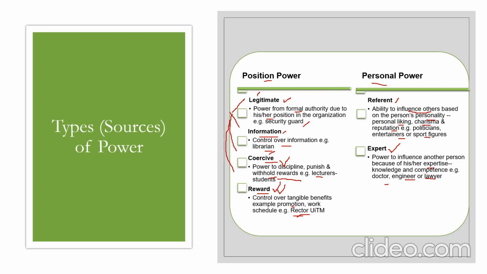So whatever said by a doctor to you, if you are ill, definitely you will listen. So the doctor is said to have an expert power. If you want to seek an advice about an illness, what kind of medications required, you go and see a doctor. So whatever advice and information or knowledge given by this doctor to you, you will listen and you will apply whatever given by the doctor. So the doctor has an expert knowledge. So a doctor has an expert power.